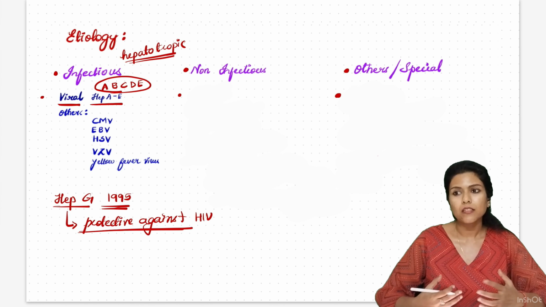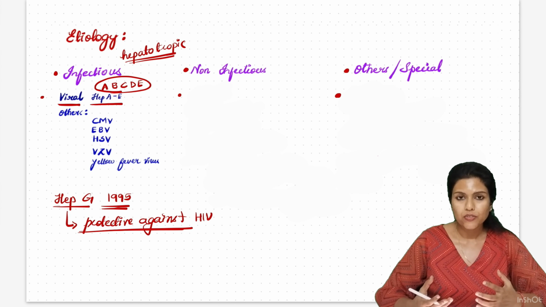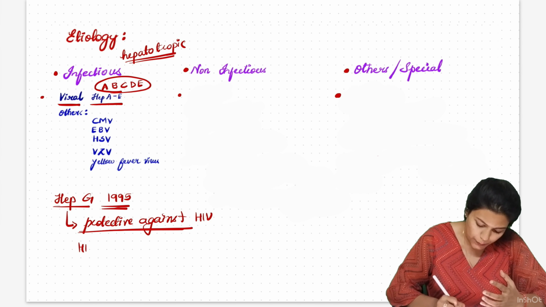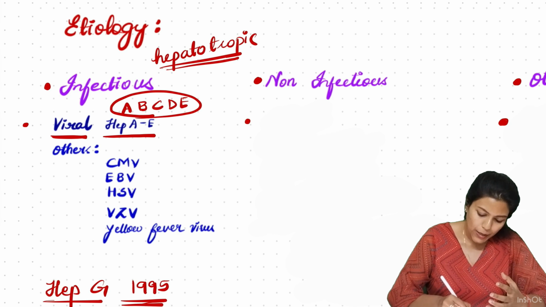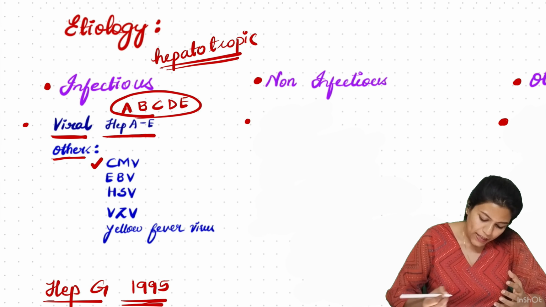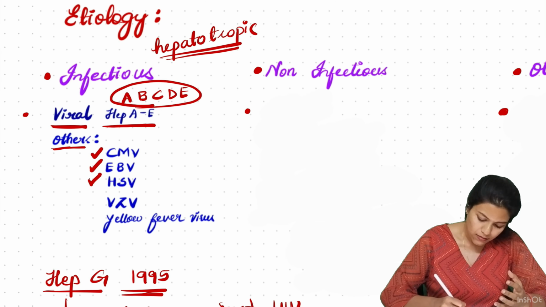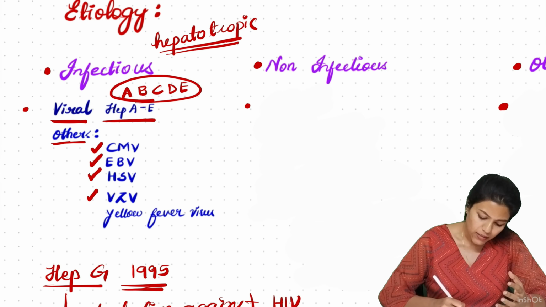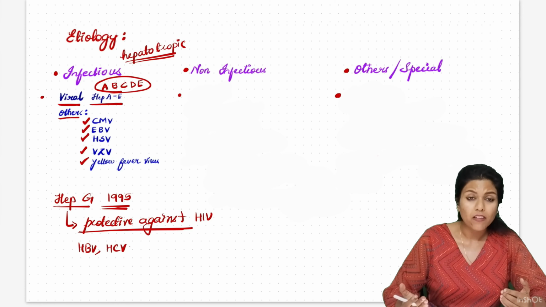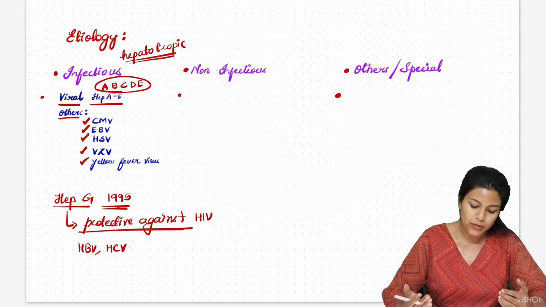Most of the time it does not occur in isolation, but it often coexists as a co-infection along with hepatitis B virus or hepatitis C virus. So this is about the hepatitis viruses. The other viruses are the cytomegalovirus, Epstein-Barr virus, herpes simplex virus, varicella zoster virus, and the yellow fever virus. These are the viruses associated with causing hepatitis.